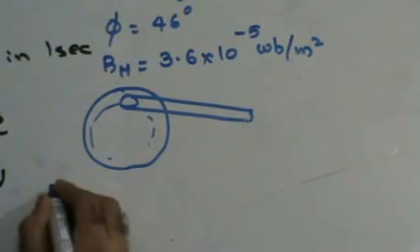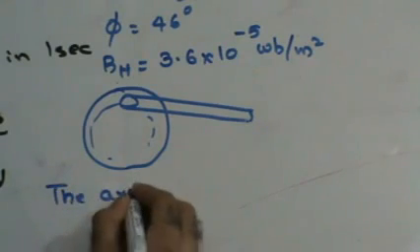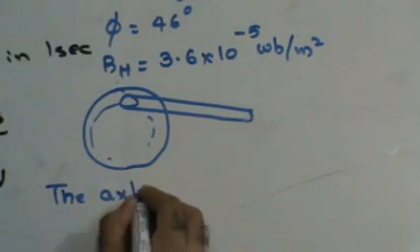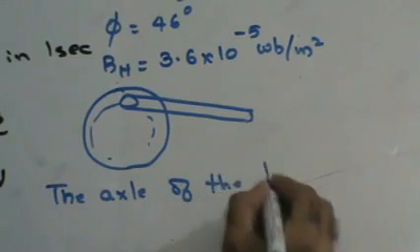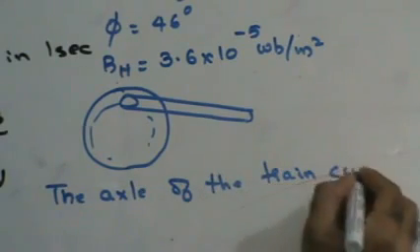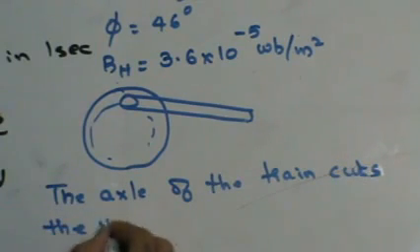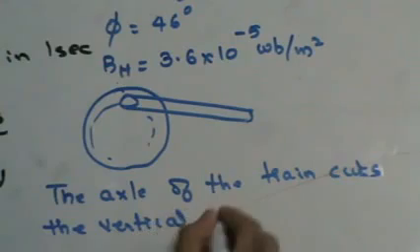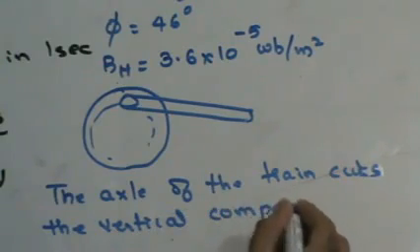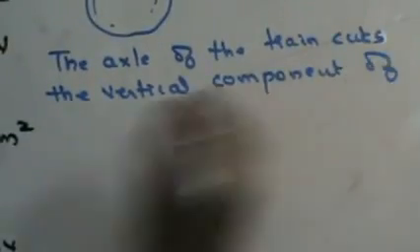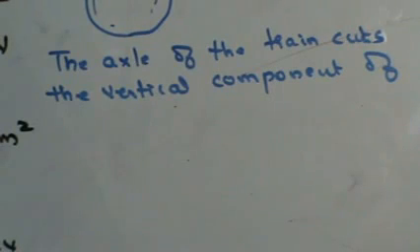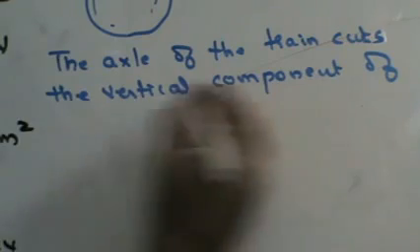I can say that the axle of the train cuts the vertical component of the Earth's magnetic induction.